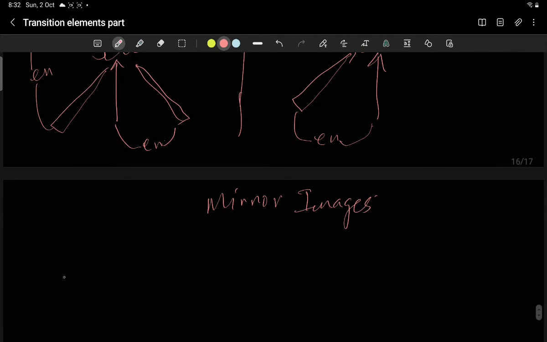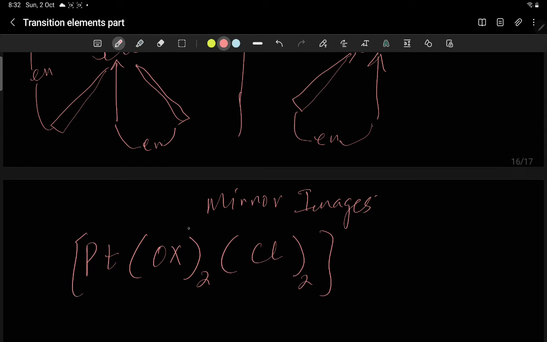Similarly, there is another example, platinum oxalate 2 and Cl2. 2 oxalate carrying -4 charge and 2 Cl carrying negative charge.